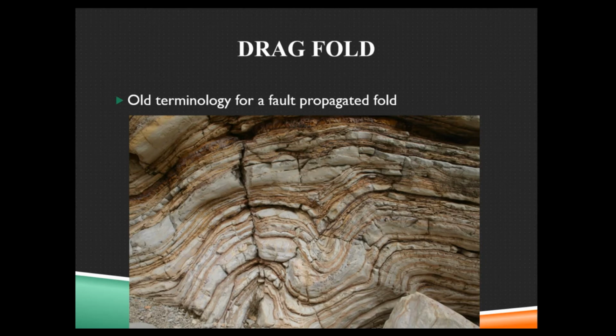Basically, this is the folding happening within that fault zone. So in this example here, you can see from the shape of the folds that something below off the bottom of the screen would have been moving to the left, and the area above this photo off the top of the screen would have been moving to the right, and creating this folding that we can see.